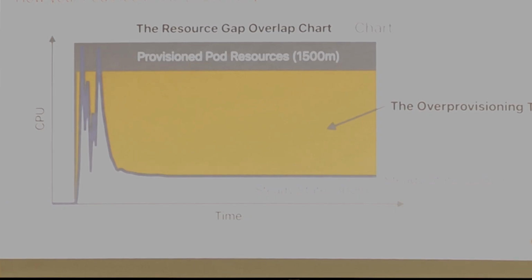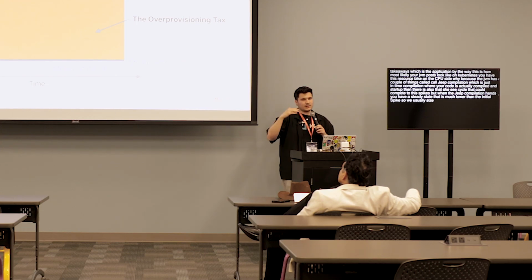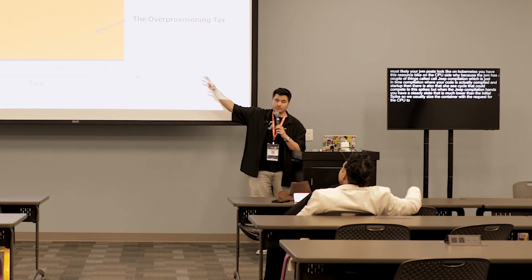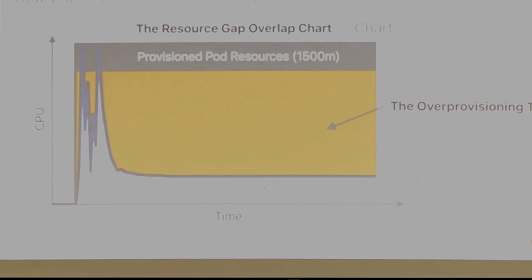But when the JIT compilation ends, you have a steady state that is much lower than the initial spike. So we usually size the container with the CPU request to afford this spike. But then we have a lot of wasted CPU resources when the steady state is reached.